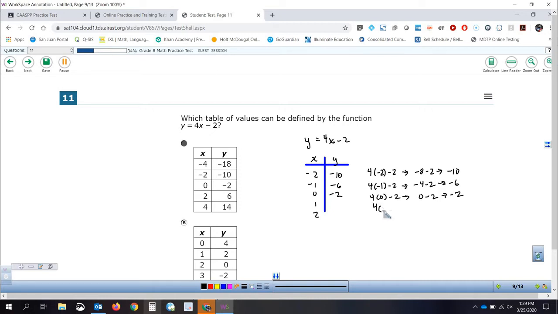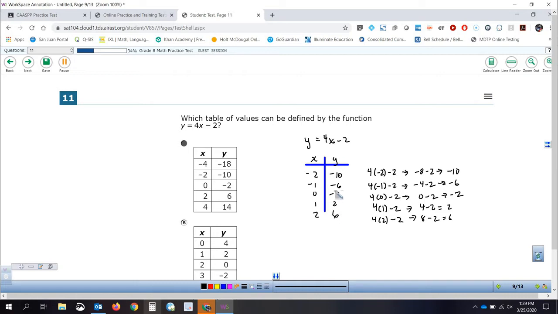4 times 1 minus 2 is going to be 4 minus 2, which is 2. We've jumped up into the positives now. And finally, for the last one, 4 times 2 minus 2. 4 times 2 is 8, and 8 minus 2 is 6.